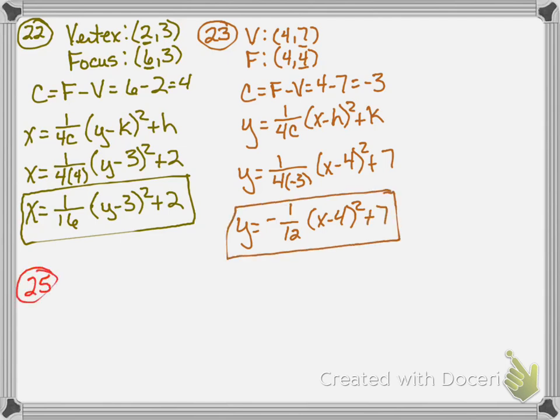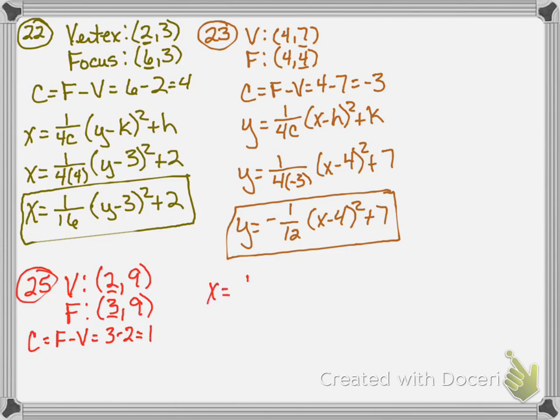And number 25, vertex at (2, 9) and focus at (3, 9). So c is 3 minus 2, which is 1. That change is in the x's, so we're going to use that formula.